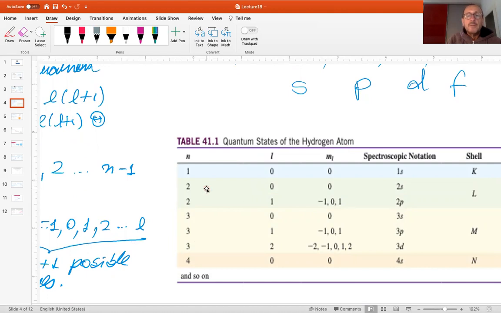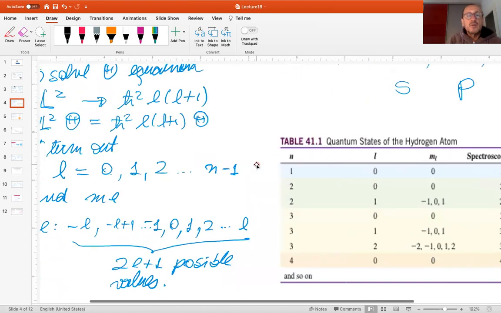So this would be a K state, it would be an S state, with no component of the angular momentum, actually. I didn't write this down.